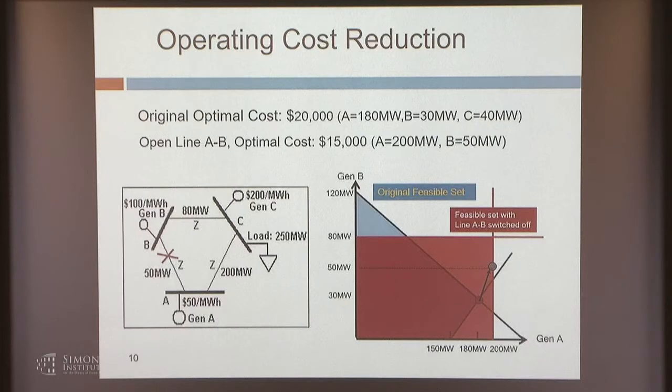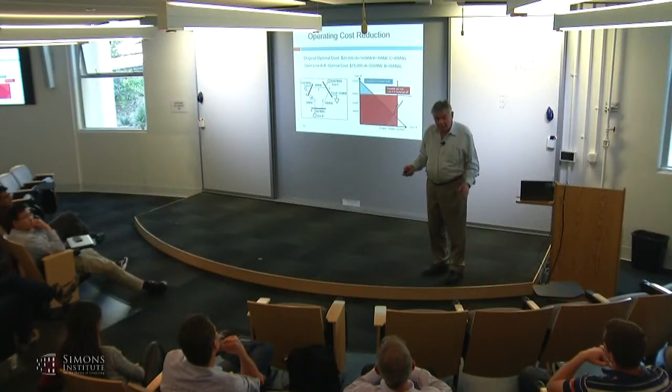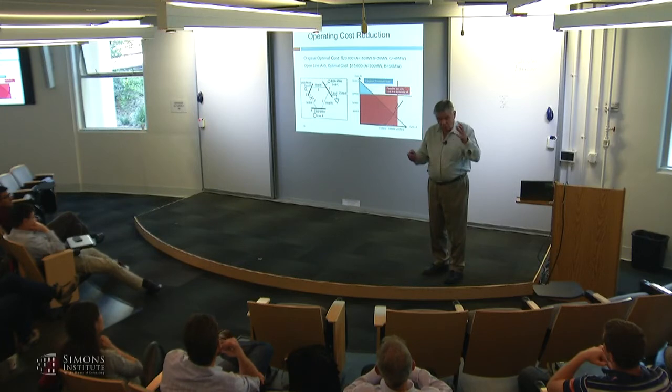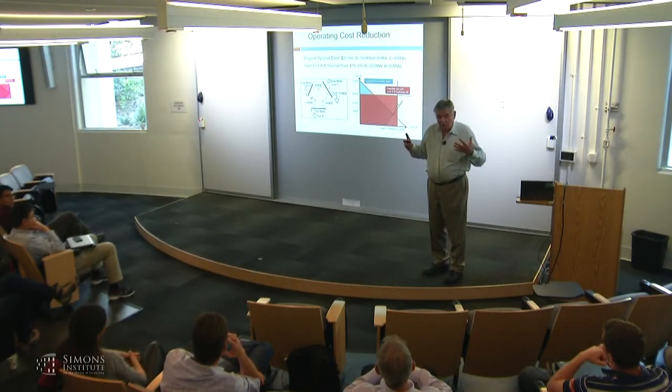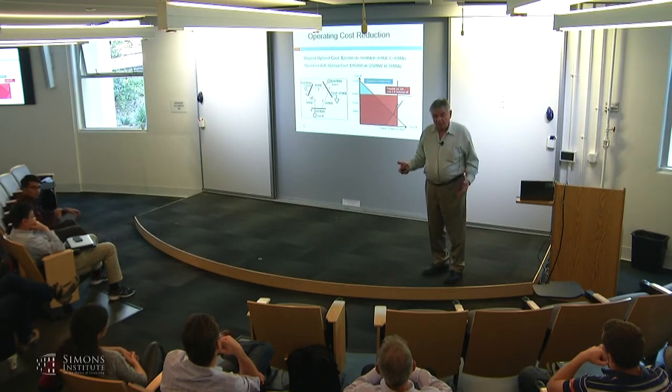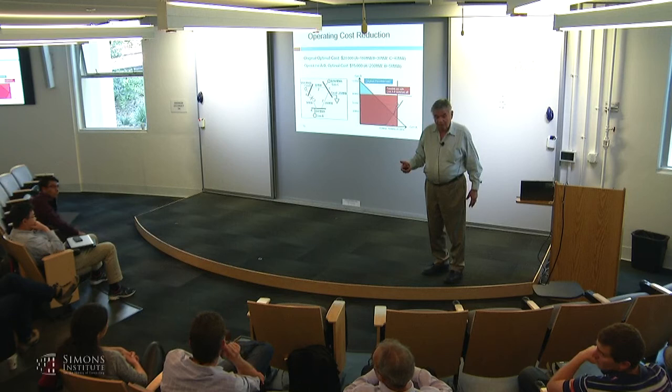Now imagine that you have a big network. You can do it selectively. Why is the line there in the first place? For reliability reasons. The transmission system is built inherently with a lot of redundancy. For that optimization, you are not considering reliability.